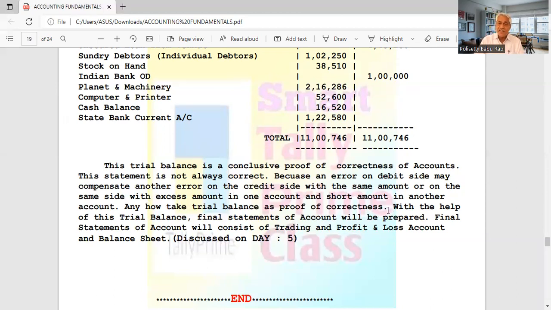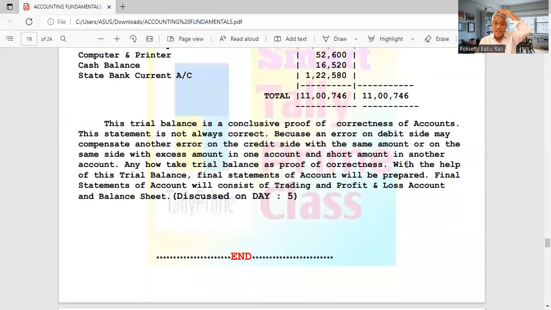On the same side, in one account we entered 100 rupees less, in another account we entered 100 rupees more. Or on the opposite sides, we entered less on this side and less on that side. One account excess, one account short. In that case also, the trial balance will tally, though it is not correct. We cannot say the books are correct.